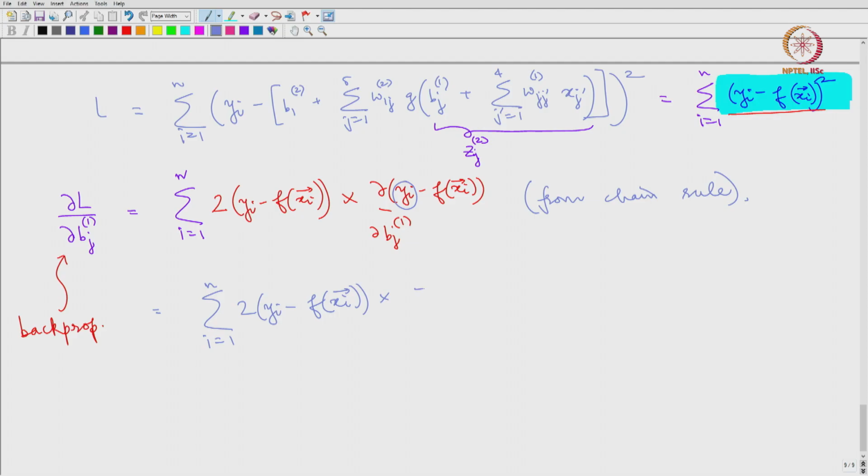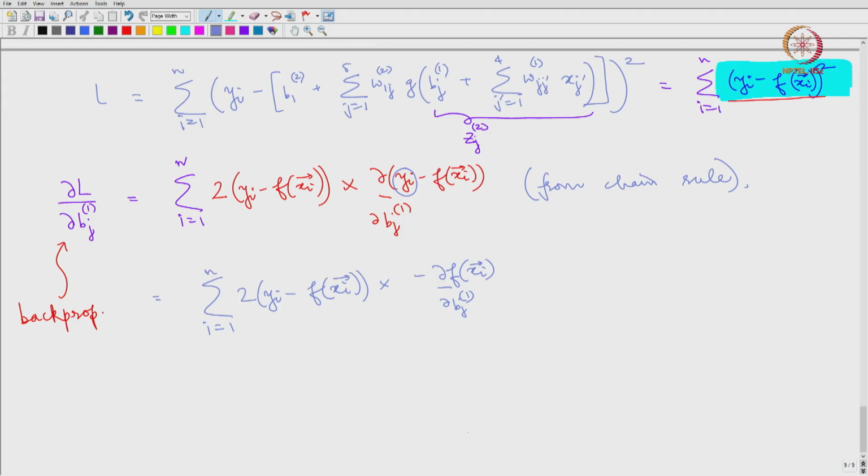What remains is simply minus del f of xi by del bj1. So, the bias of the jth node in the second layer, that is what we are looking at. Alright.